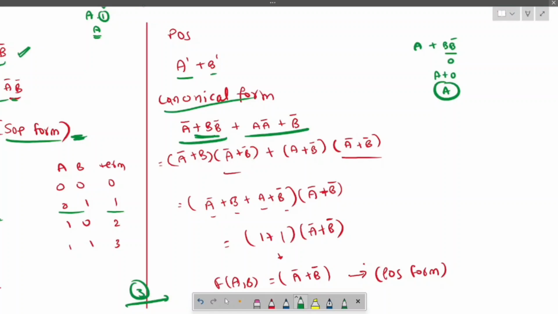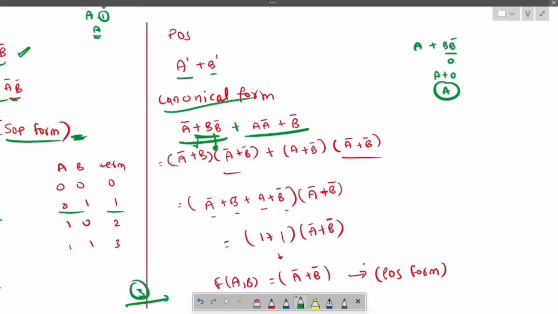Now these are the two terms. With the same terms, apply the distributive law. I hope you have an idea about the distributive law. Here you need to take the pluses: a bar plus b into a bar plus b bar. In the same way, we take the multiplication here: a bar plus b bar into a bar plus b bar.